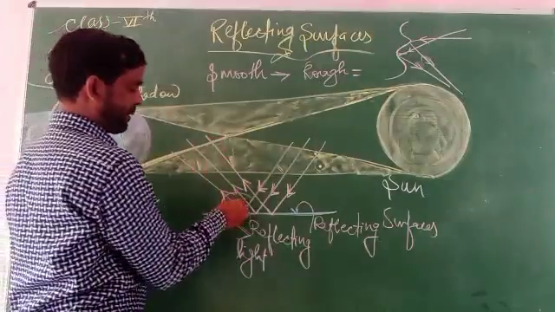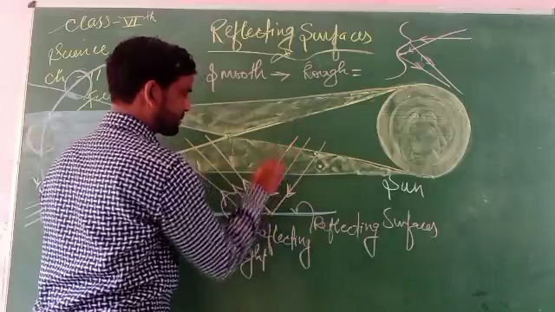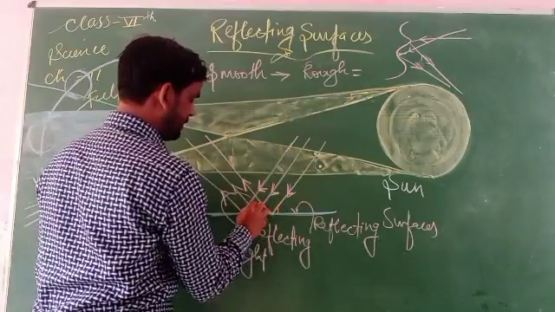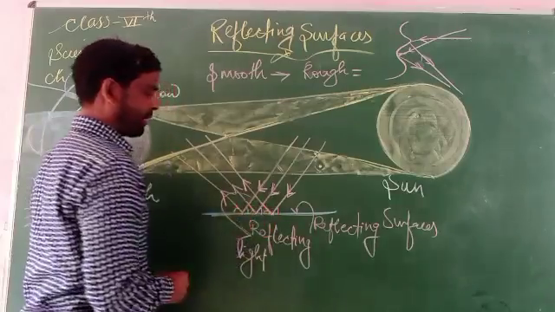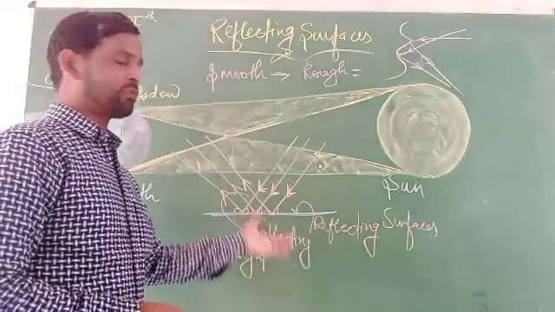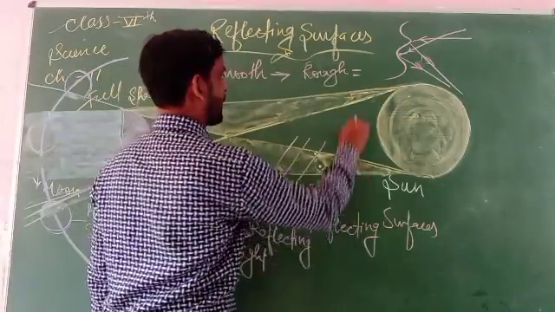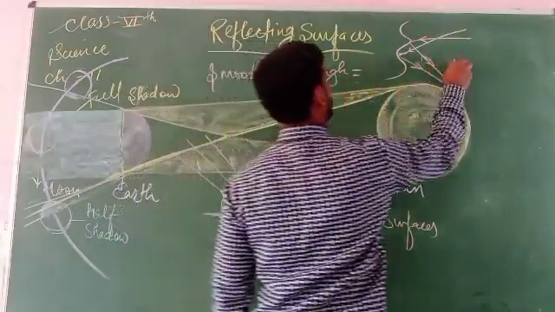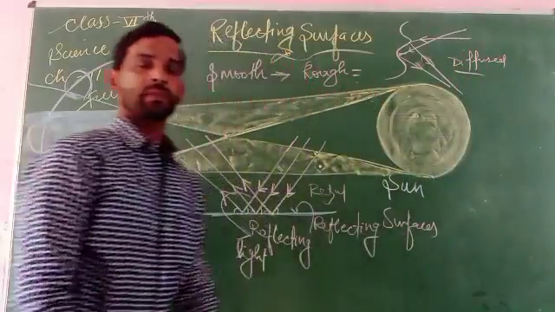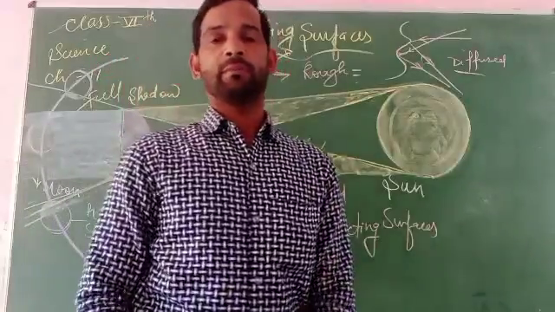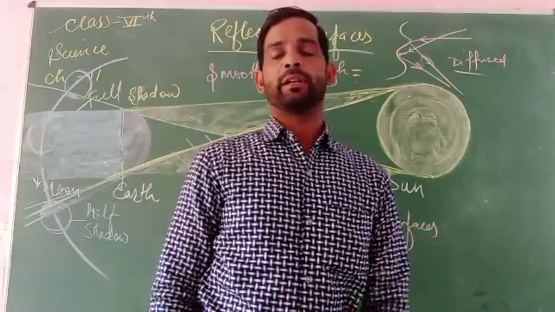But in the case of a smooth surface, all the light that falls at a certain angle moves on at the same angle. This type of reflection is called regular reflection, and the other is called diffused reflection. This is the difference between them. So this is all about the topic. We will discuss the next one later on.